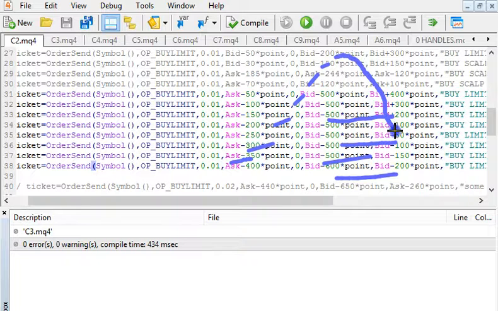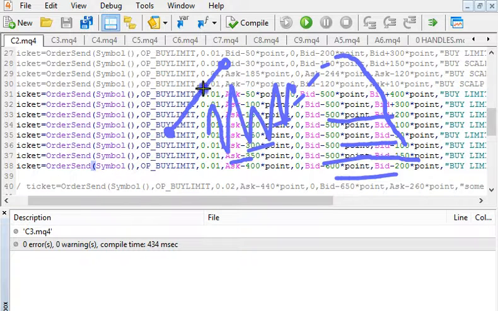But this is another problem psychologically for a lot of people. They want to get in here, go to here, target met, trade over. But the market's not like this, it's like this. This is really designed to take advantage of the noise.